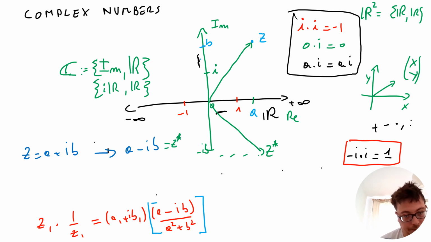This is called the complex conjugate, and it's important because when you do z times z complex conjugate, you get, we did it before, we can do it now, a squared plus b squared, which is exactly this number in the bottom, which is called the modulus of z.